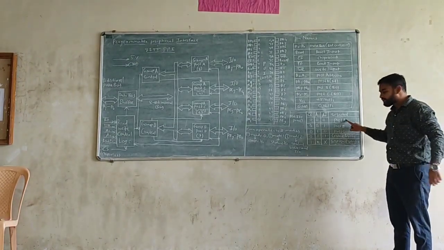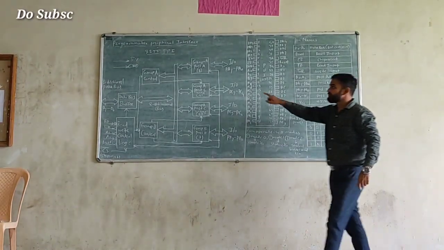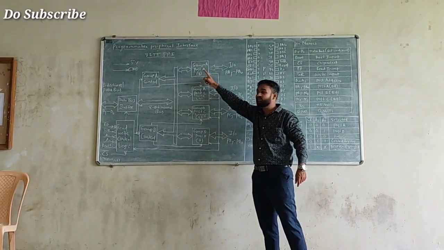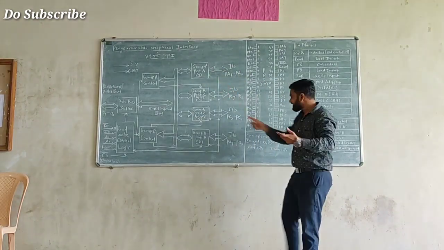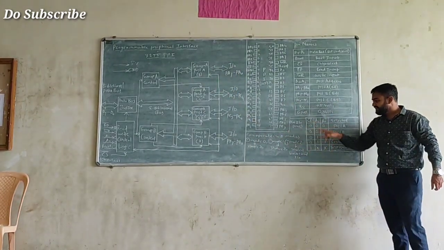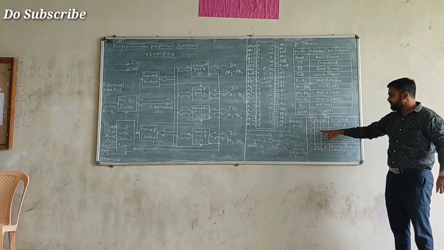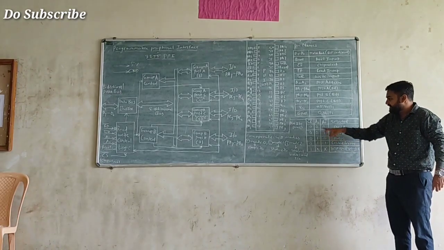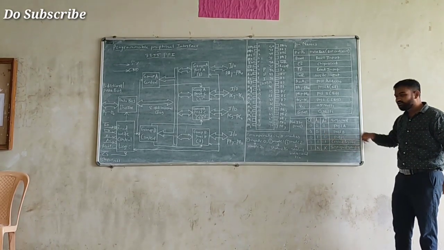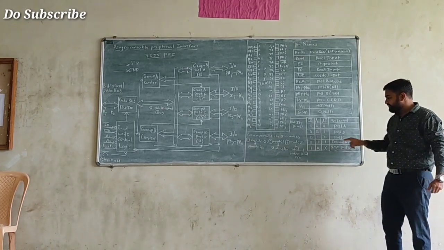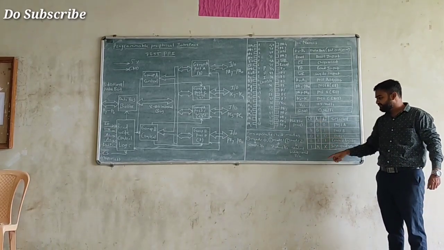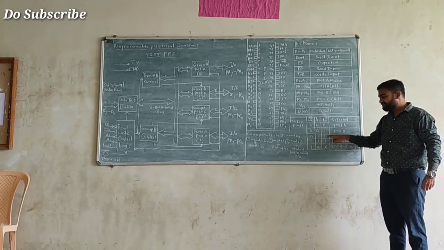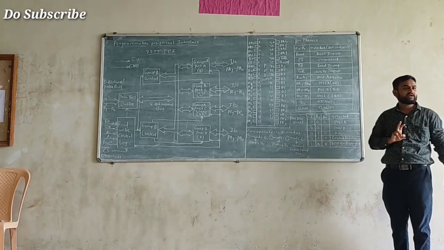At that time, port A gets selected, and we are able to use 8 pins of it. Second, if chip select is 0, A1 is 0 and A0 is 1, port B gets selected. Third, chip select is at 0, A1 is at 1 and A0 is at 0. At that time port C gets selected.